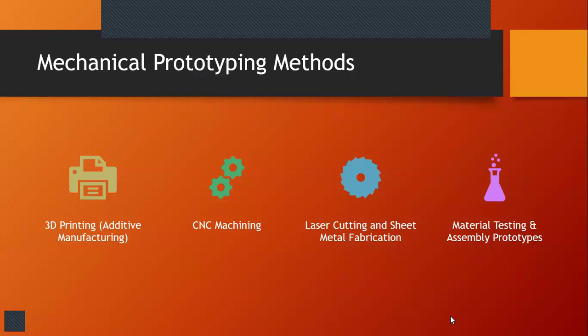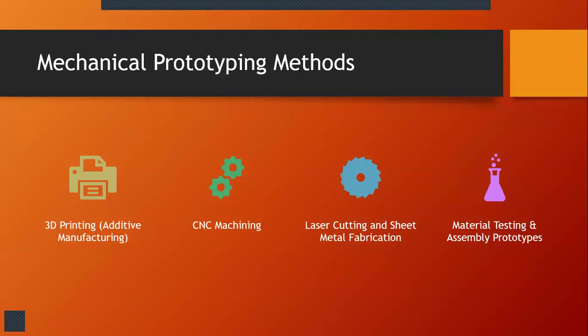The last one, material testing and assembly prototyping, means that rather than just focusing on the design and the shape, here we focus on the needed material in that particular product as well. So we can identify the needful materials for that product, step by step. Assembly prototyping means you create different parts and combine them to get a viable product at the end of the assembly.